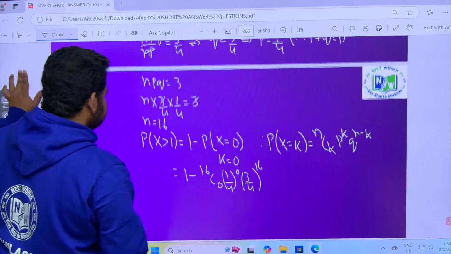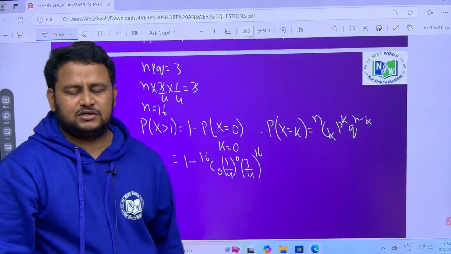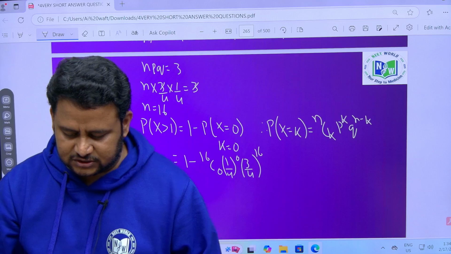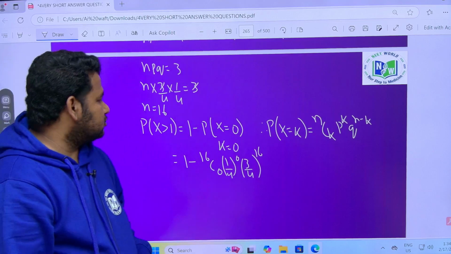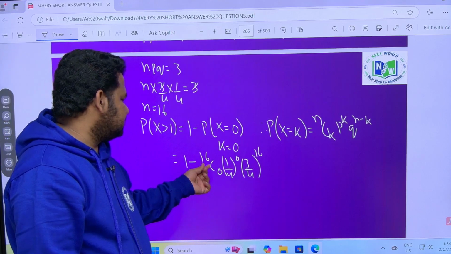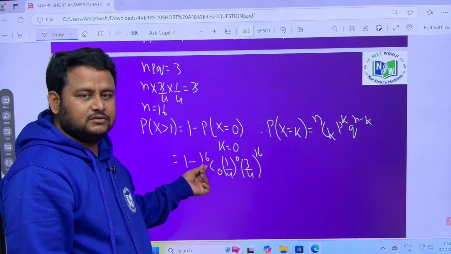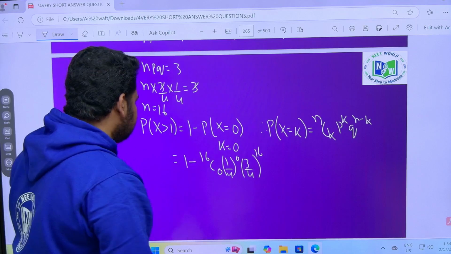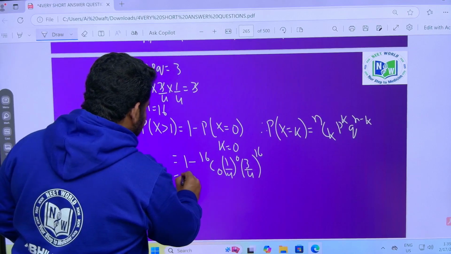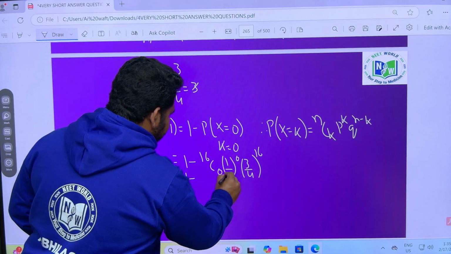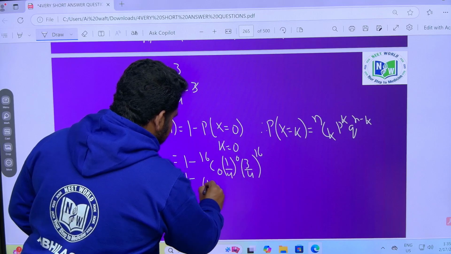Now NC naught is equal to 1. So this will be equal to 1 minus 16 C naught, which is 1, times 1 by 4 to the power of 0, which is equal to 1.